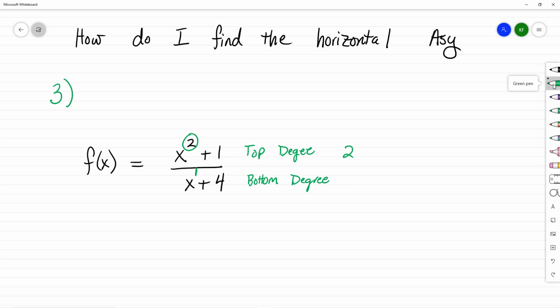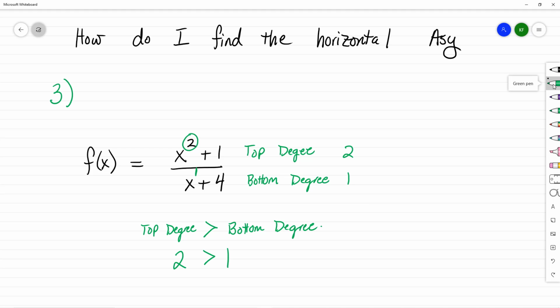So it's 2 and 1. So what I've now shown is that the top is bigger now than the bottom. So this is switched from case 1. So this is 2, and that's greater than 1.